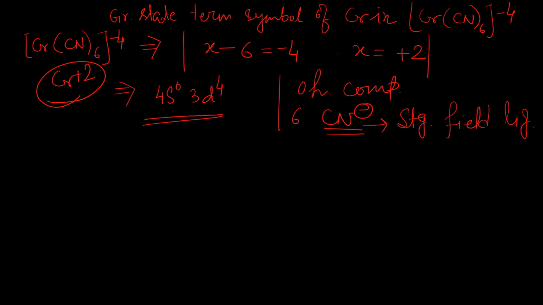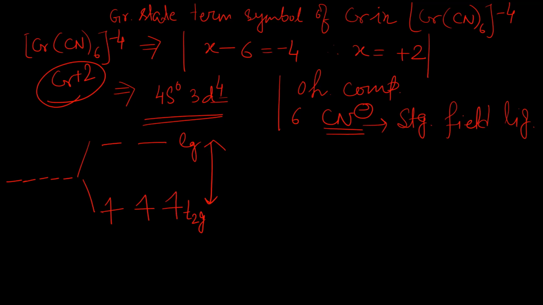Okay. So we know, according to crystal field theory, in the presence of ligands splitting will occur. The energy difference is very high, so the electron cannot travel to the next orbital. So 1, 2, 3, but the fourth electron cannot go to eg. It will remain in the t2g orbital. You can see how many unpaired electrons are present? 2 unpaired electrons are present.